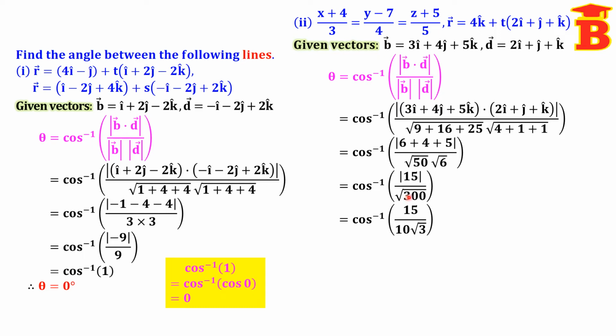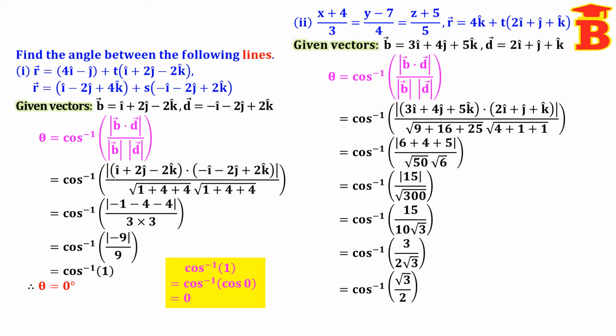So this is 100 into 3, take 100 outside the root, that is 10. So we get 10 into root 3. Now cancel by 5, we get 3 divided by 2 into root 3. Again we can cancel root 3, and note that this 3 is root 3 into root 3. So we can cancel one root 3 and we get root 3 divided by 2.